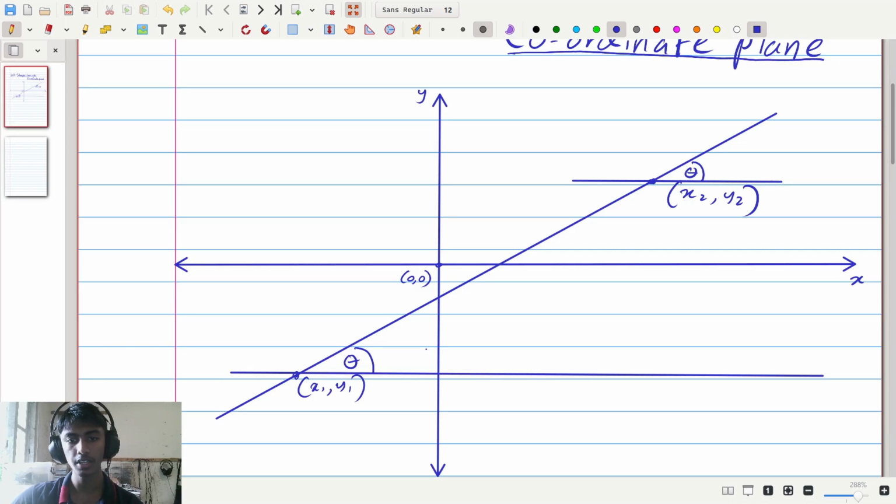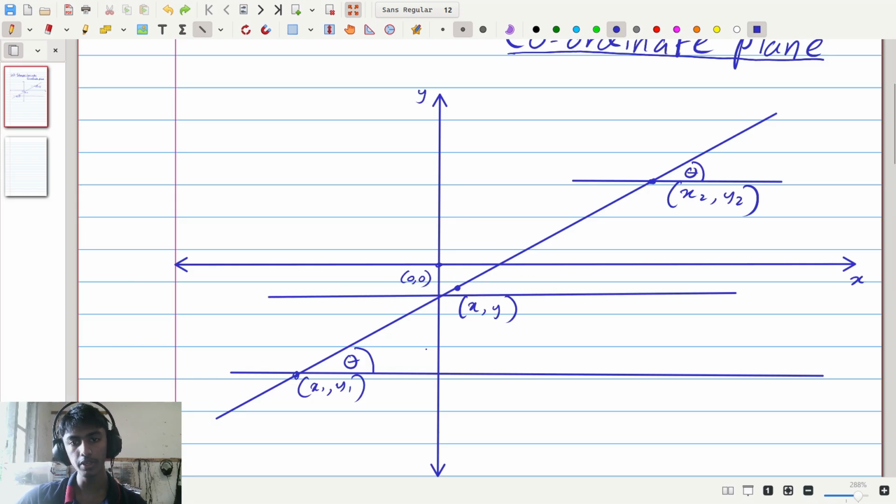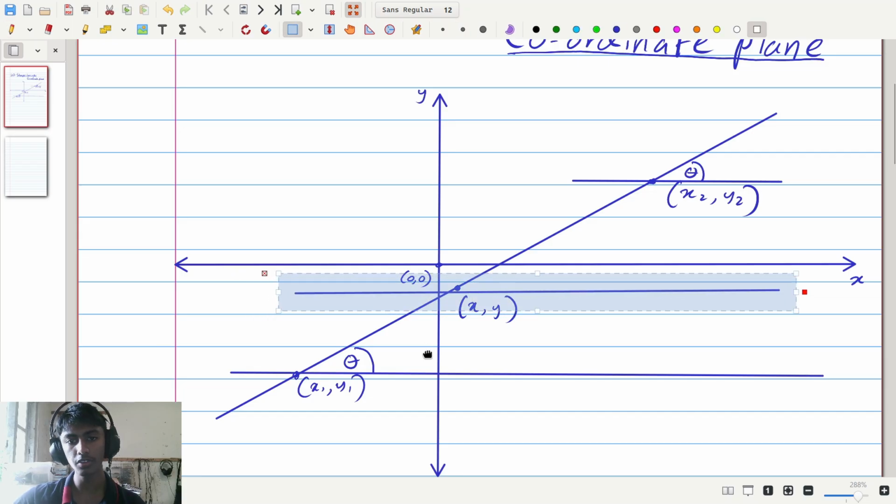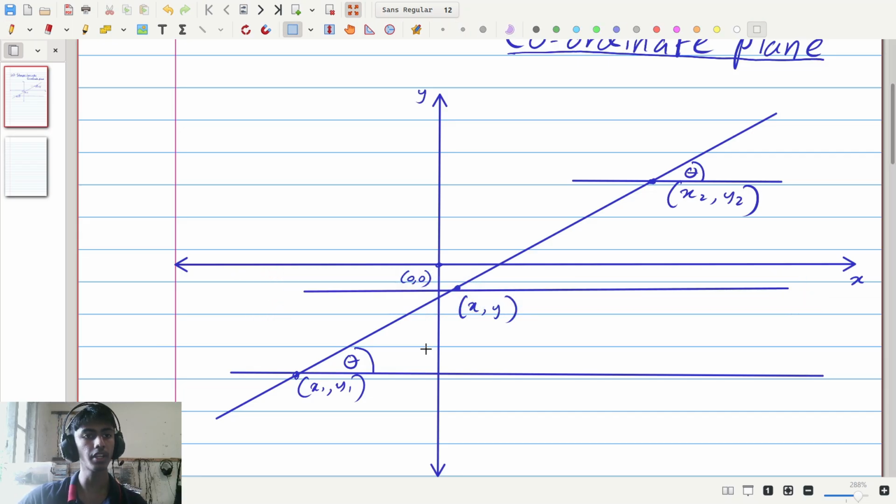Let's say this point over here, and let's call this point a generic x, y. For this point as well, if we draw that same horizontal parallel to the other two horizontals as such, then we know that the angle made by this horizontal to this line is also going to be equal to that same angle, theta. So we'll mark that down as this angle is also going to be equal to theta.